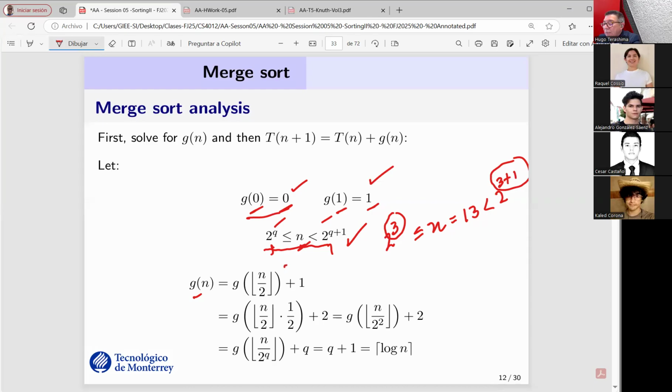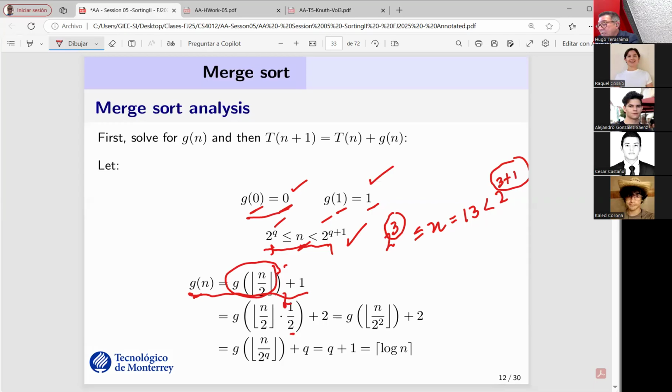Okay, so then we are going to do this. We are going to solve it by substitution, remember, right? So I have the original equation here, and then I say this equation is going to be this g of n over 2, right?